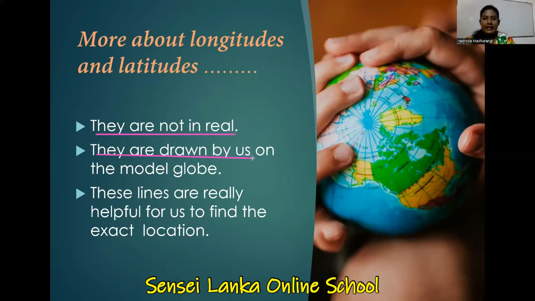We are the ones who draw them. Where do we draw them? On the model globe. Just like this. Can you remember? So these lines are really helpful for us to find the exact location. So these lines are helping us to find the real location, the exact location.